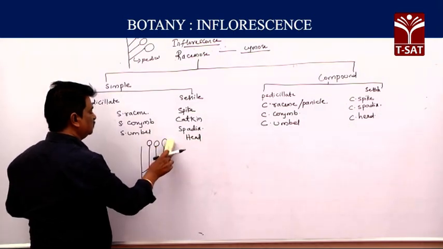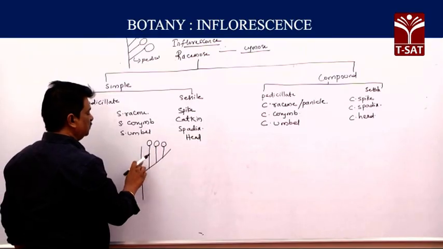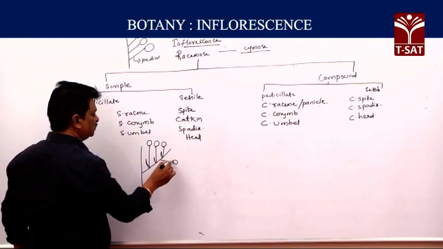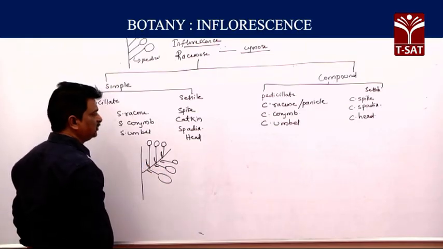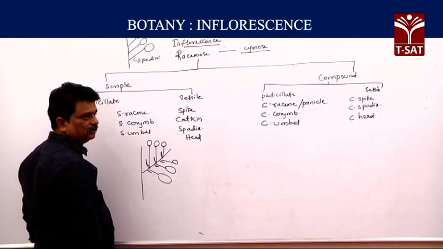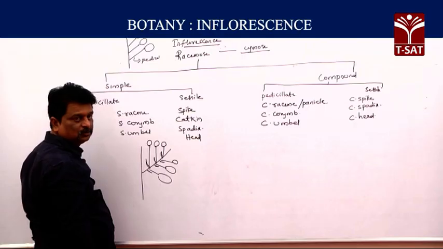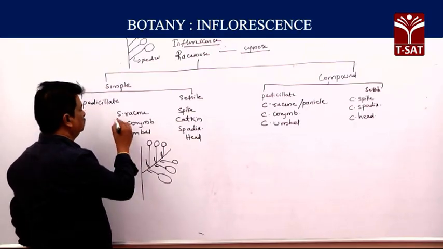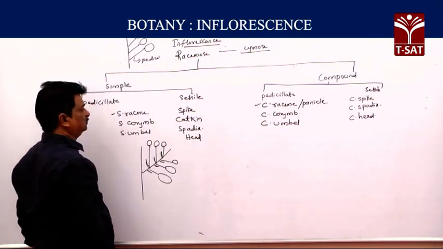The branches produce bracteate and pedicellate flowers arranged acropetally, called a compound raceme or panicle. An example for compound raceme or panicle is tobacco, Nicotiana.